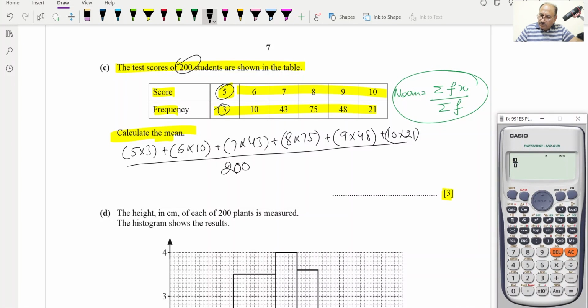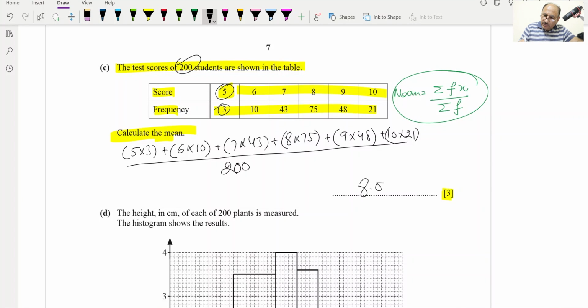So 5 into 3 will be 15 plus 6 into 10 will be 60 plus 7 into 43, plus 8 into 75, plus 9 into 48, plus 10 into 21 will be 210, divided by 200, and this is equal to 8.09.